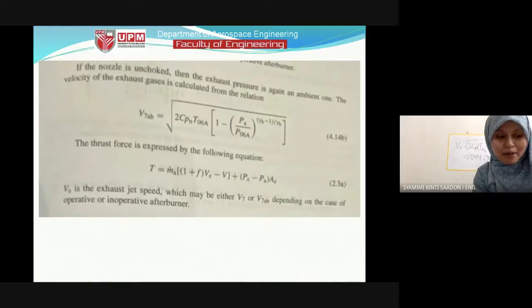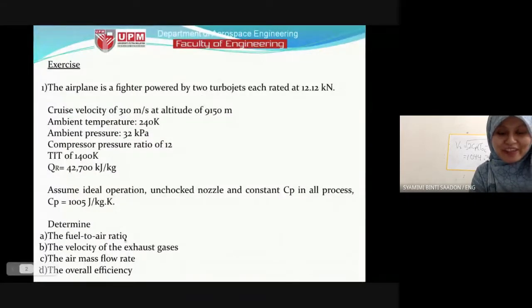Next is air mass flow rate. Okay, this one. We have calculated question B, velocity of the exhaust gas. Now we want to calculate the air mass flow rate.